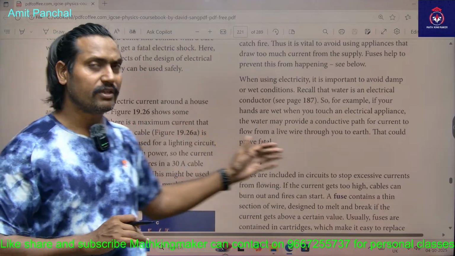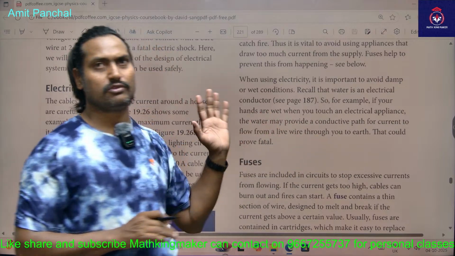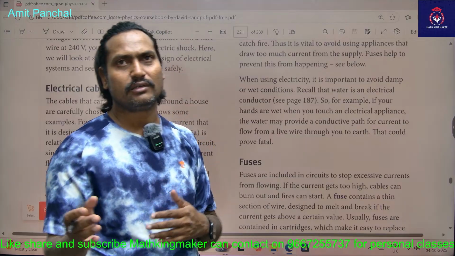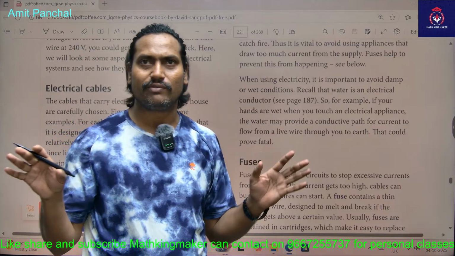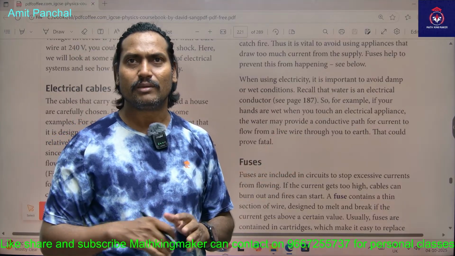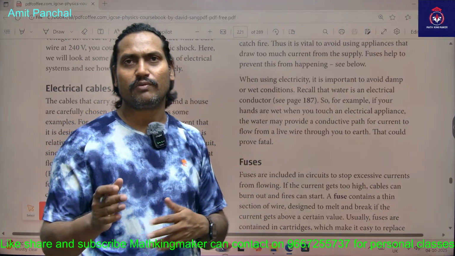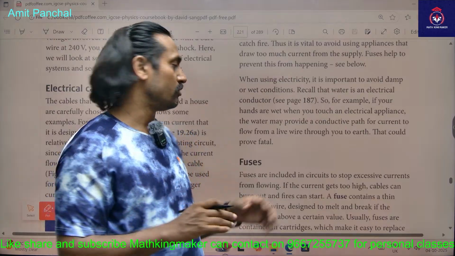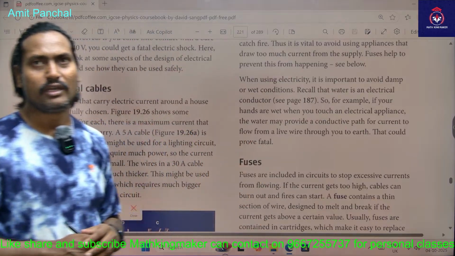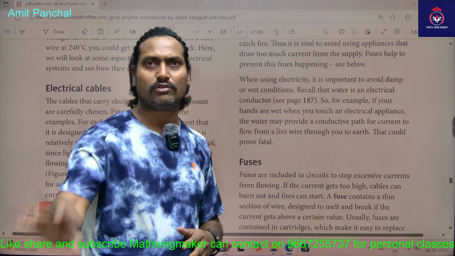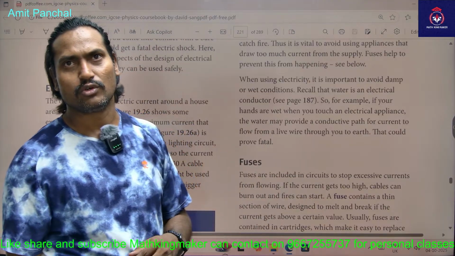If it's drawing 15 amps, then we'll use a 15 amps fuse. So what happens when there is an excess current? That fuse will blow off. Why? Because it has excess current. It can sustain up to 5 amps, so if it is having 6 amps, that will blow off. So that will protect your appliances. That will be protecting your electronic circuits.